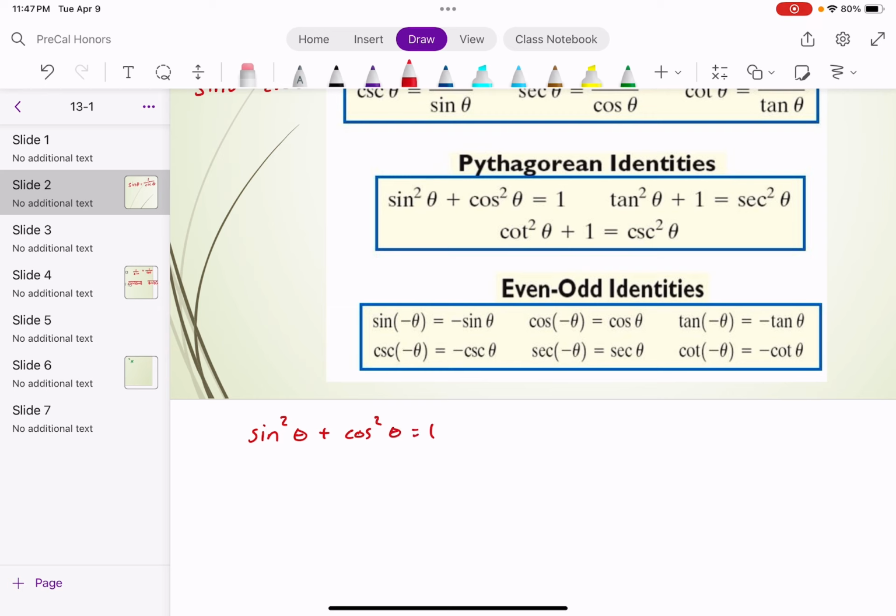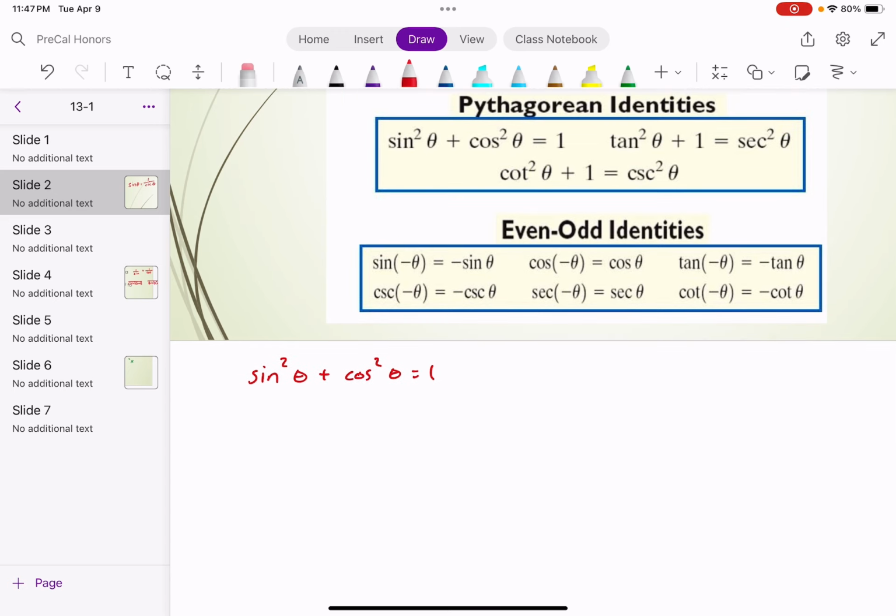Now there are multiple different equations that could be created from this one identity. For example, if we were to isolate sine squared theta, we would have sine squared theta is equal to 1 minus cosine squared theta.